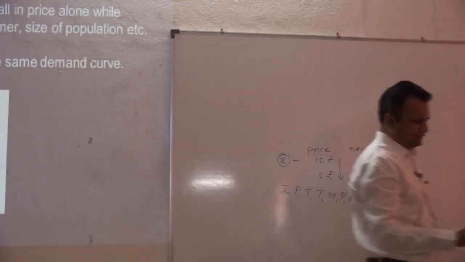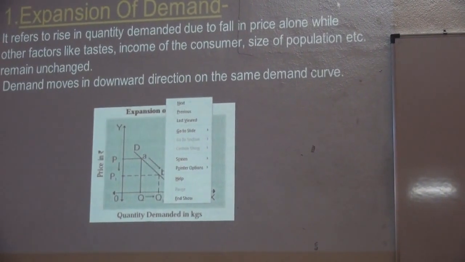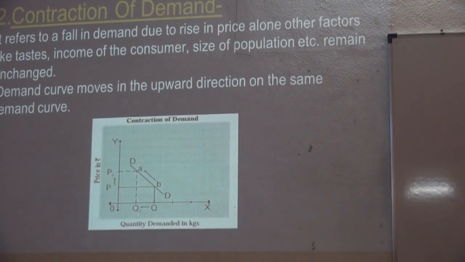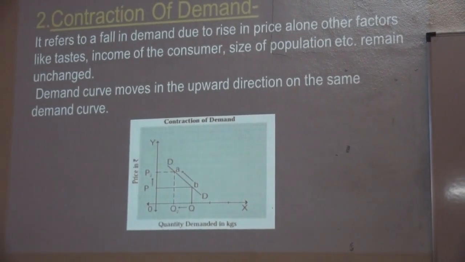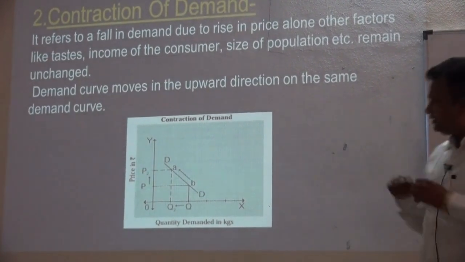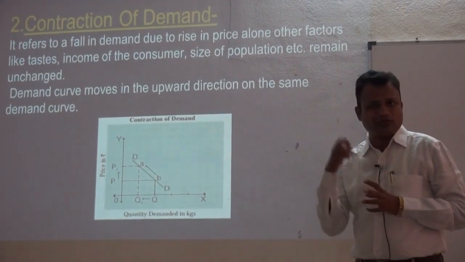Complete opposite to this is considered contraction of demand. What actually happens in case of contraction of demand? In case of contraction of demand, demand declines due to a rise in price alone.